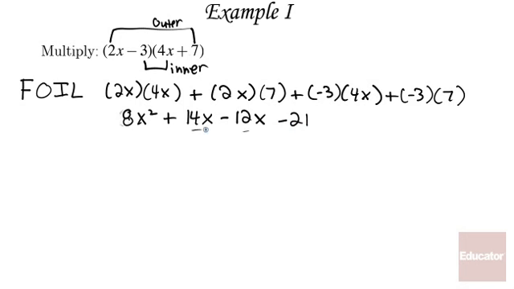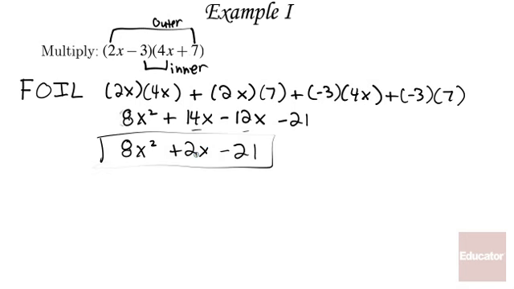So I combine 14x and negative 12x, and that's going to give me 2x. So my final answer is going to be 8x squared plus 2x minus 21. And what I did is I applied the FOIL method, multiplying the first terms, then the outer terms, inner terms, and finally the last terms, and then simplifying as usual.